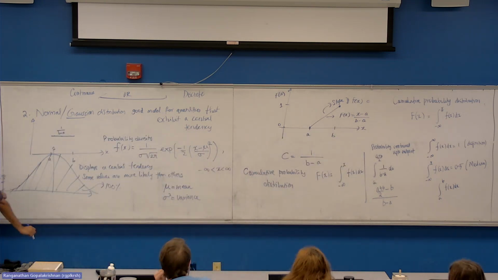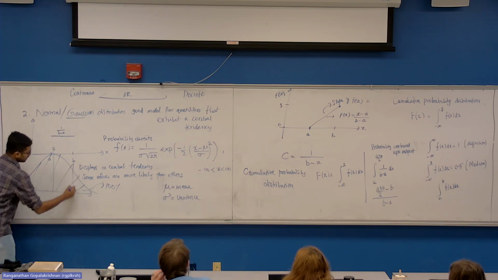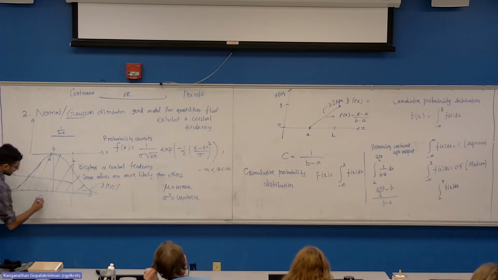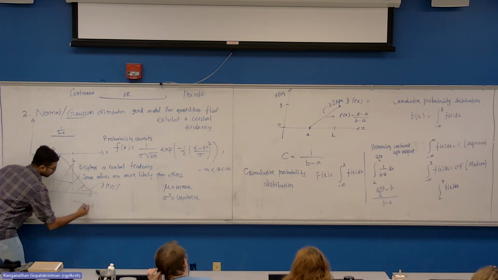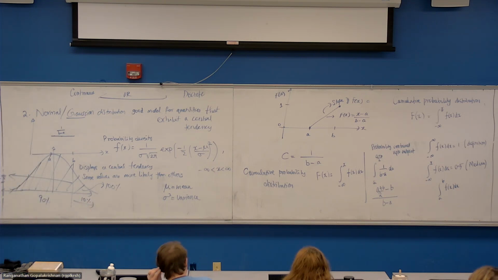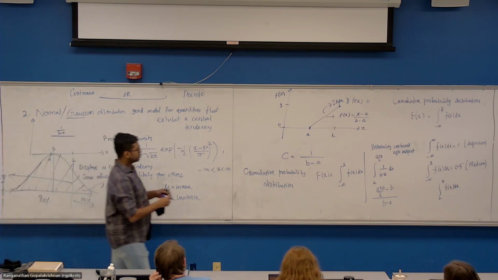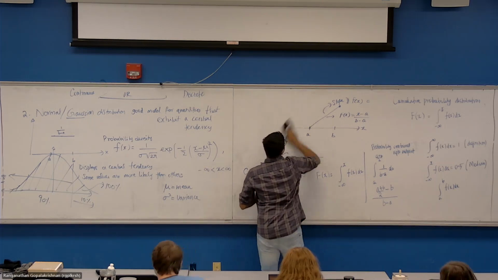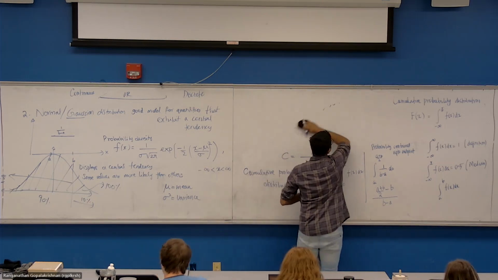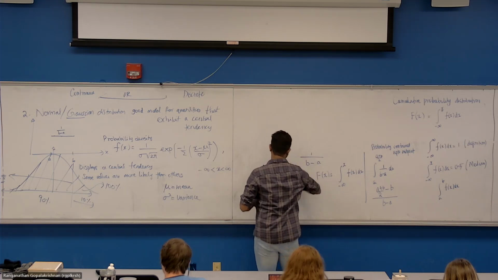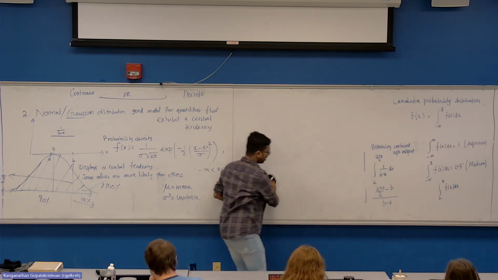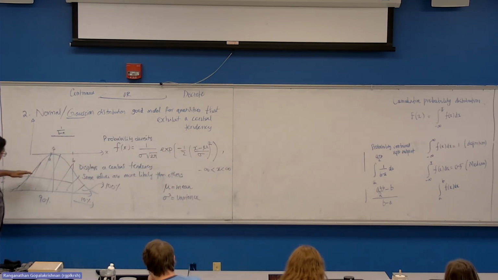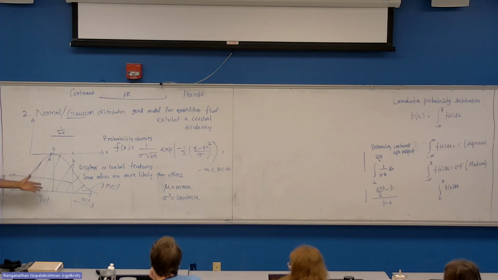You can ask the question, what is the value of x to the left of which lies 90% and to the right of which lies 10%? You're with me so far? All I'm asking you to do is look at a graph and talk about the area under the graph.